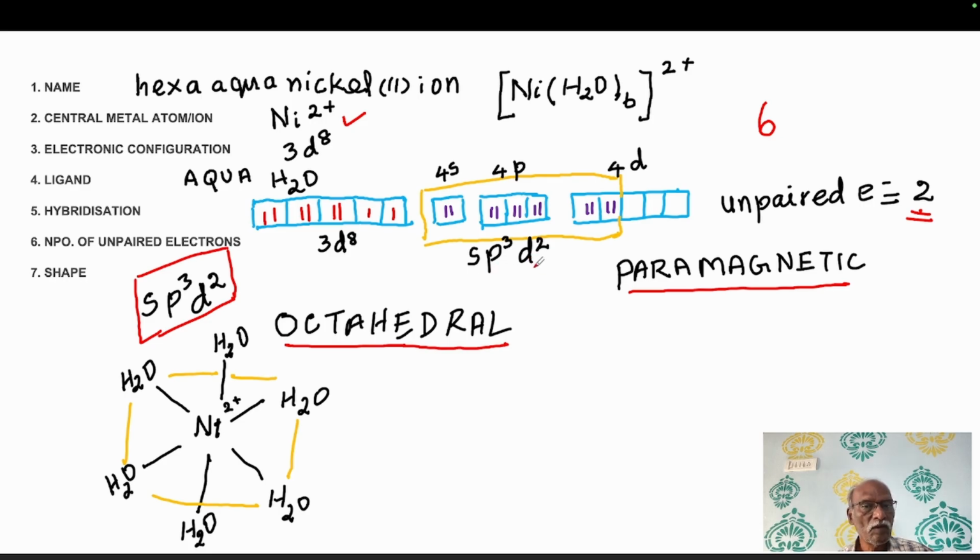And since the d2 orbitals are taken from outside, it is called an outer orbital complex. The sp3d2 gives rise to octahedral shape, and due to the presence of 2 unpaired electrons, it is paramagnetic. This is all about this compound. We shall move on to the next example.